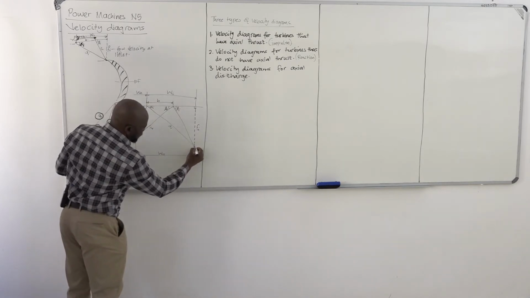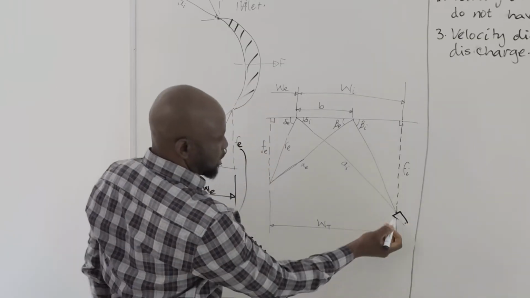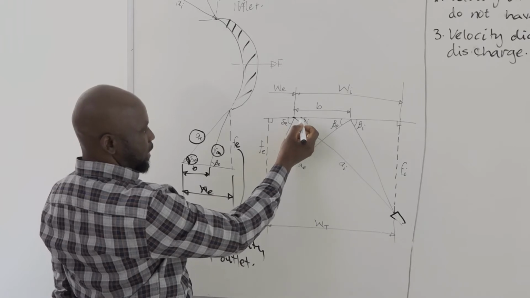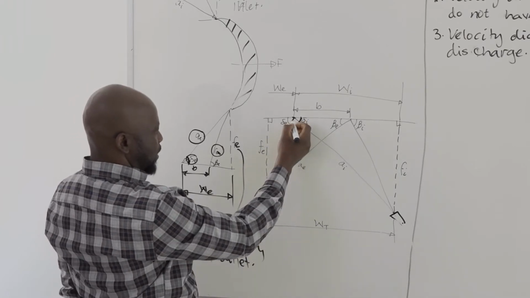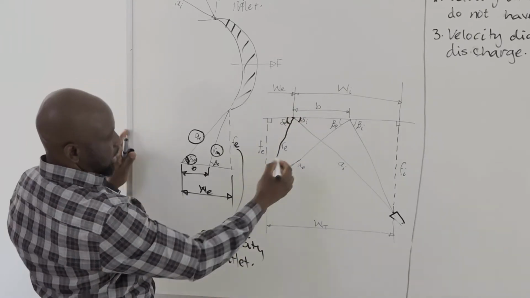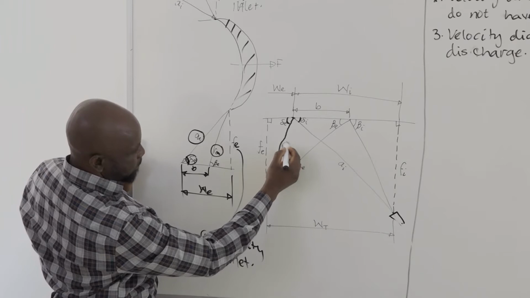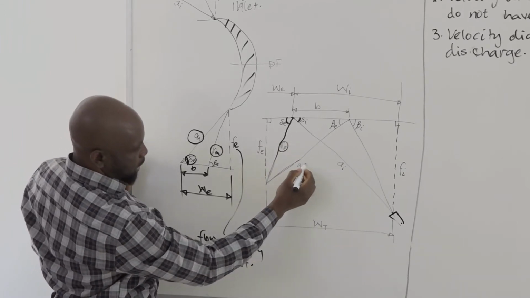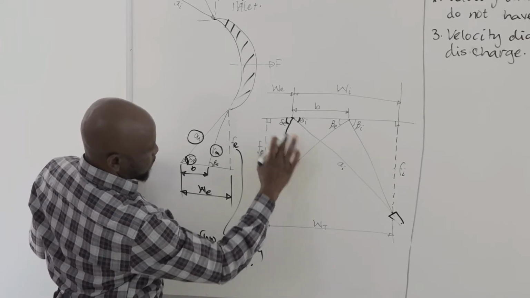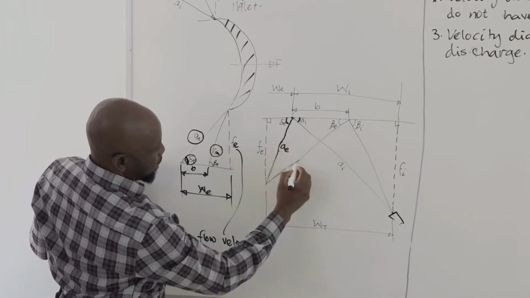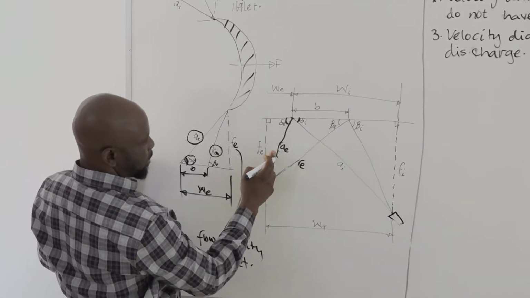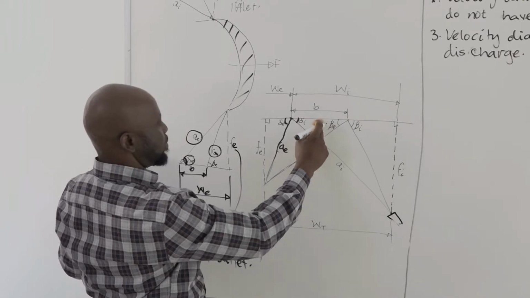Now, combining the inlet and the outlet, we come up with a complete velocity diagram, where our nozzle will be here. It will be discharging into the blade of the turbine at an angle of delta I, and the steam will be leaving at an angle of delta E and at a relative velocity of Re. This one is AE, and this is RE, because the relative speed is the speed at outlet relative to the speed of the blade.